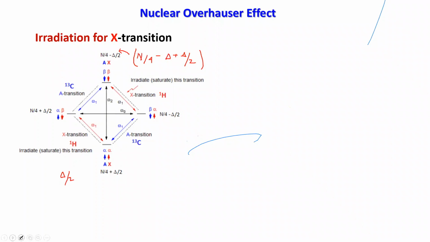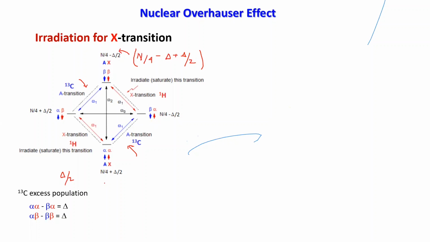Now let us look at the excess nuclei. The 13C excess population, you can consider any one or any two. These two transitions are responsible for 13C, this one transition and this one transition. So I have to subtract those two, alpha alpha minus beta alpha.